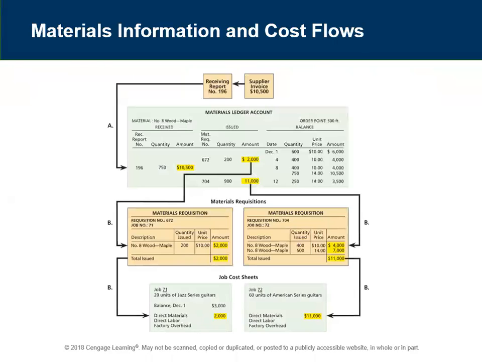There's a materials ledger account that's showing all of our purchases and everything that's been put into play. And again, the only difference now is we show it in the job cost sheet specifically. So each job is also charged for those materials. And that's just kept separately. But your main accounts stay the same. Okay.